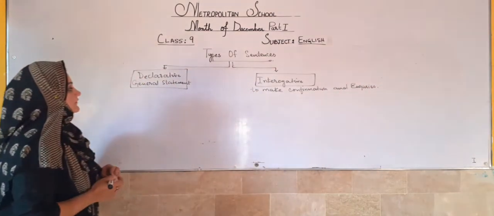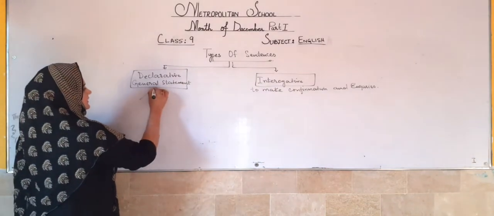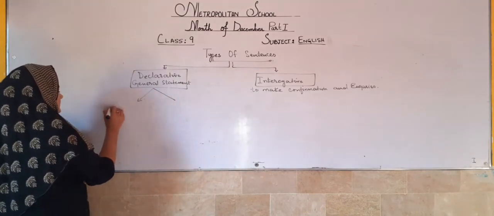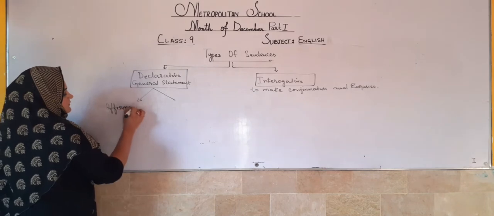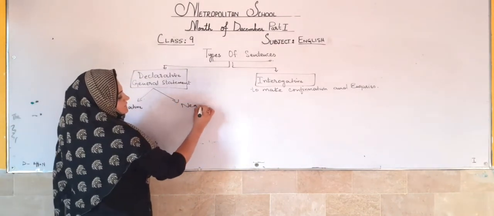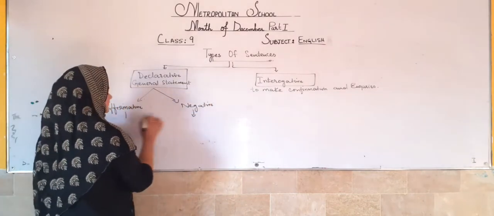These are further divided into two main groups. Declarative sentences can be affirmative, and they can be negative as well. Now let's discuss the examples of both.